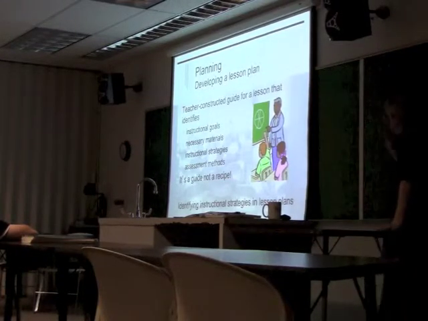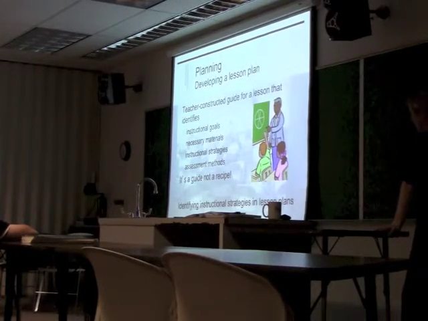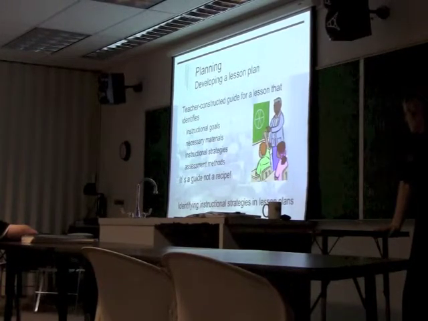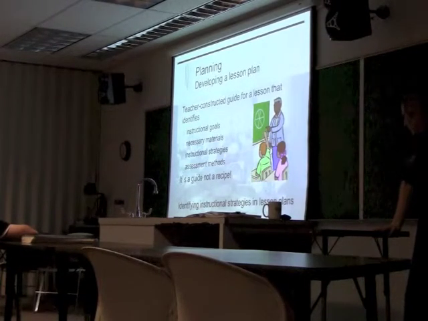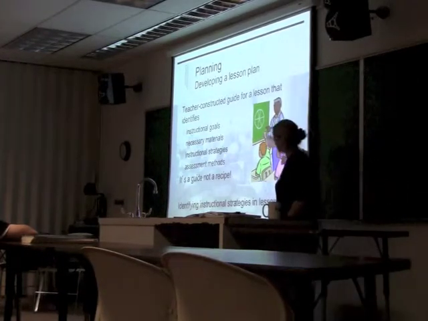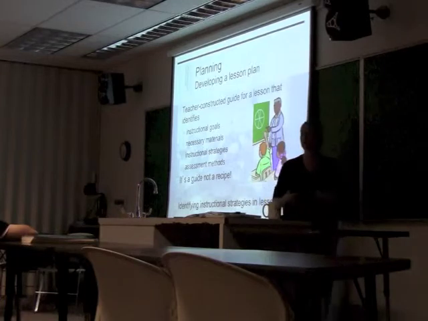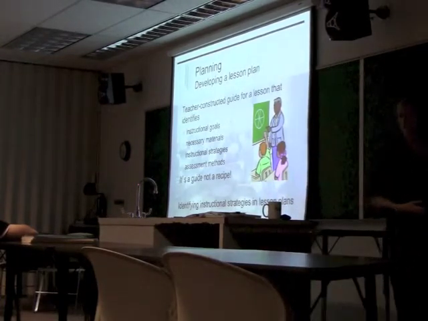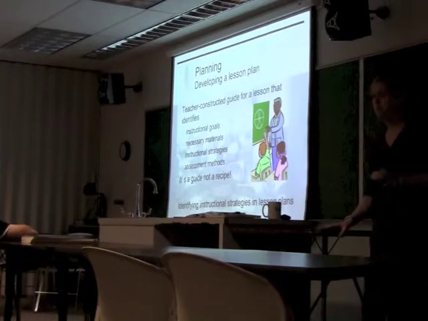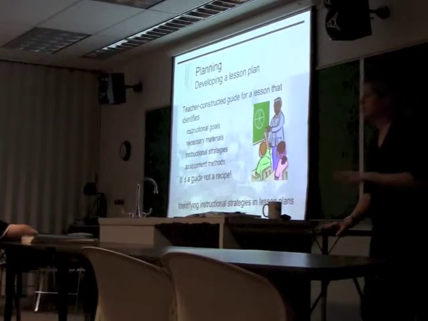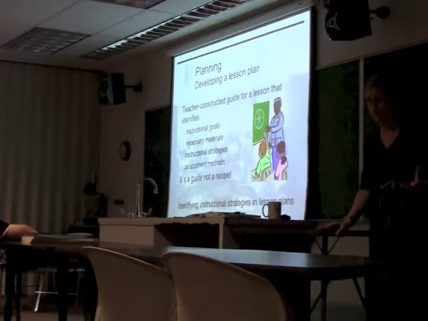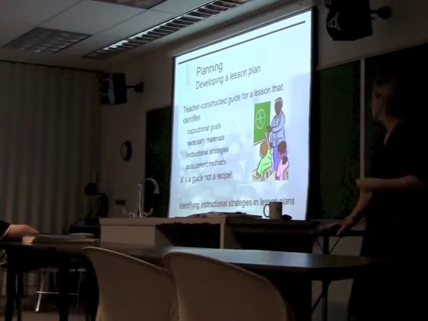So the teacher-constructed guide for a lesson identifies the goals, the materials, the strategies, and any assessment methods that are needed. Not all of them will follow this particular order or use these labels, but it should follow something very similar. We always want to identify what our objectives are, and we can use Bloom's taxonomy to help us with that. Do we want our students just to know the information? Do we want them to create the information? Okay.